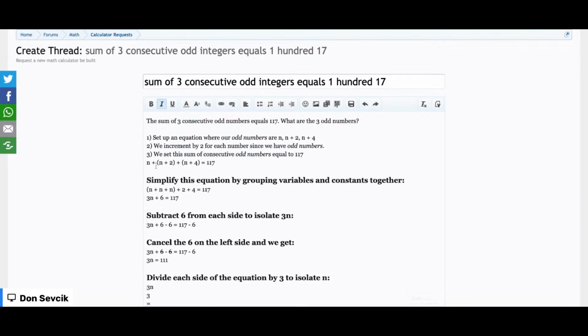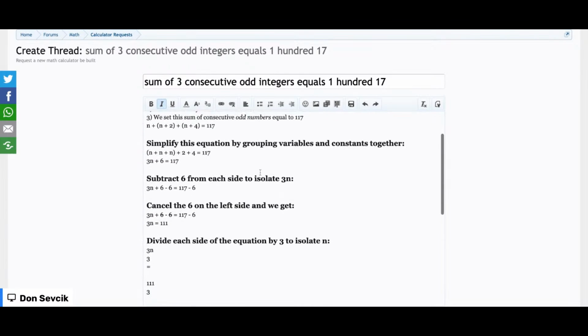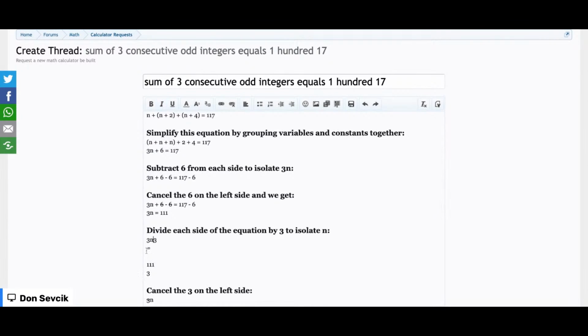We then set the sum of these three, because sum means we add, equal to 117. Now what we're doing is we've got an equation we want to solve for n. And we want to figure out what n is, and then we can figure out the other integers.